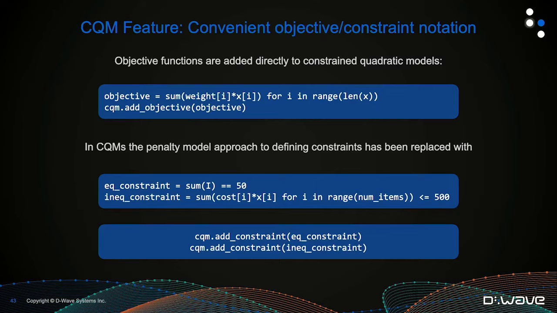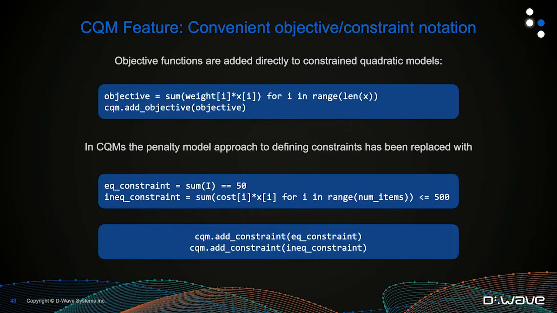What we used to have to do is use a for loop to iterate through all of the variables and add the weights to the binary quadratic model or the CUBO dictionary. But now we can just use built-in tools in Python, or an optimized version of sum called quicksum that we provide in Ocean, to much more easily add up these variables and construct these objectives.